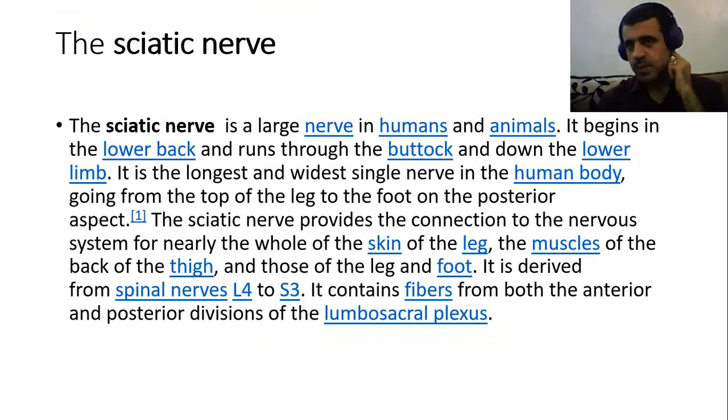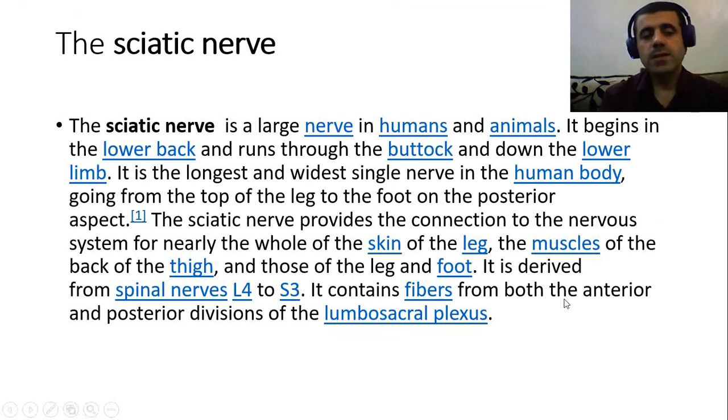Apart from the parts which are supplied by obturator and femoral nerve, all other skin of the lower limb is supplied by sciatic nerve. The muscles of the back of the thigh, and the muscles of the leg and the foot are supplied by the sciatic nerve.